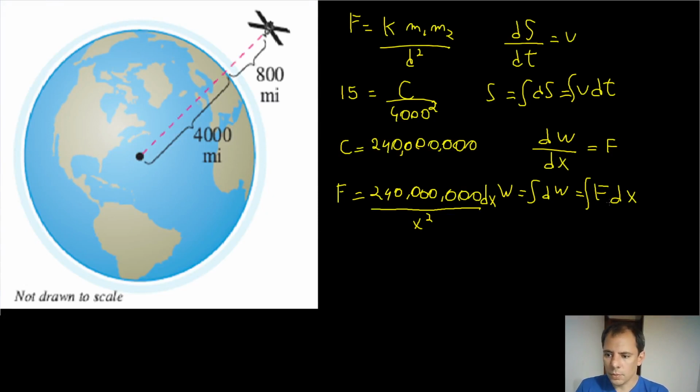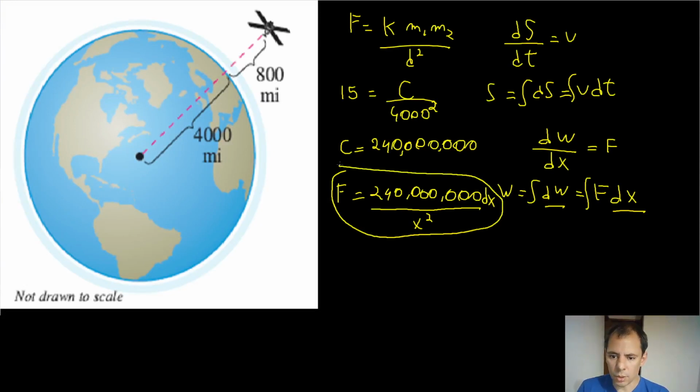Because you see, look at this. Here you have an instantaneous force, here you have an instantaneous force. When you multiply by dx, what do you have? You have the derivative of the work. So when I'm multiplying this here by dx, this is the derivative of the work. If I integrate this stuff now, what do I have? I have the work. Now it's a little bit easier to understand.